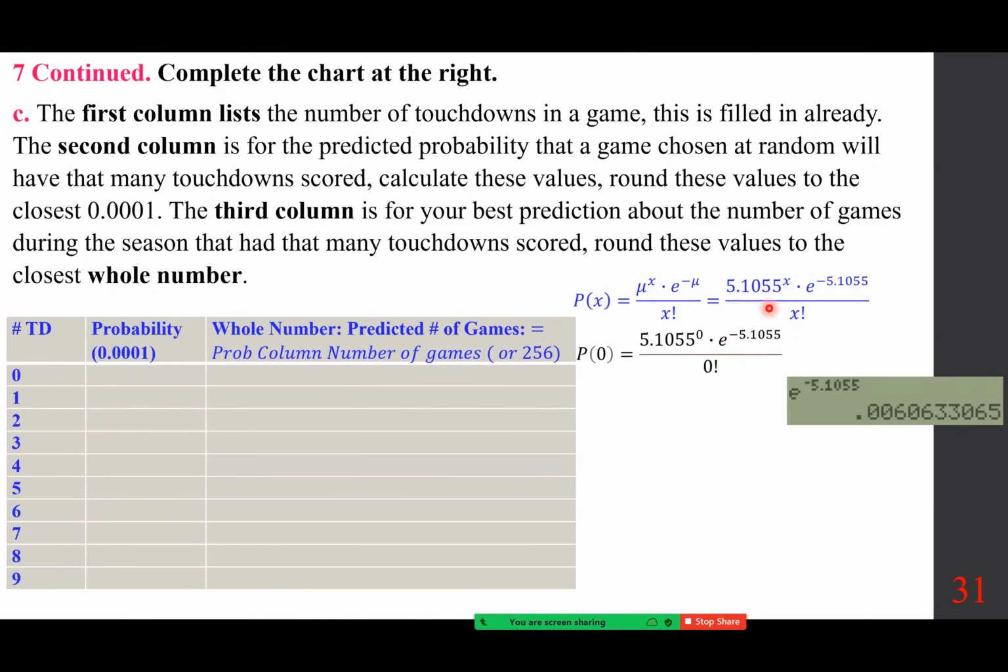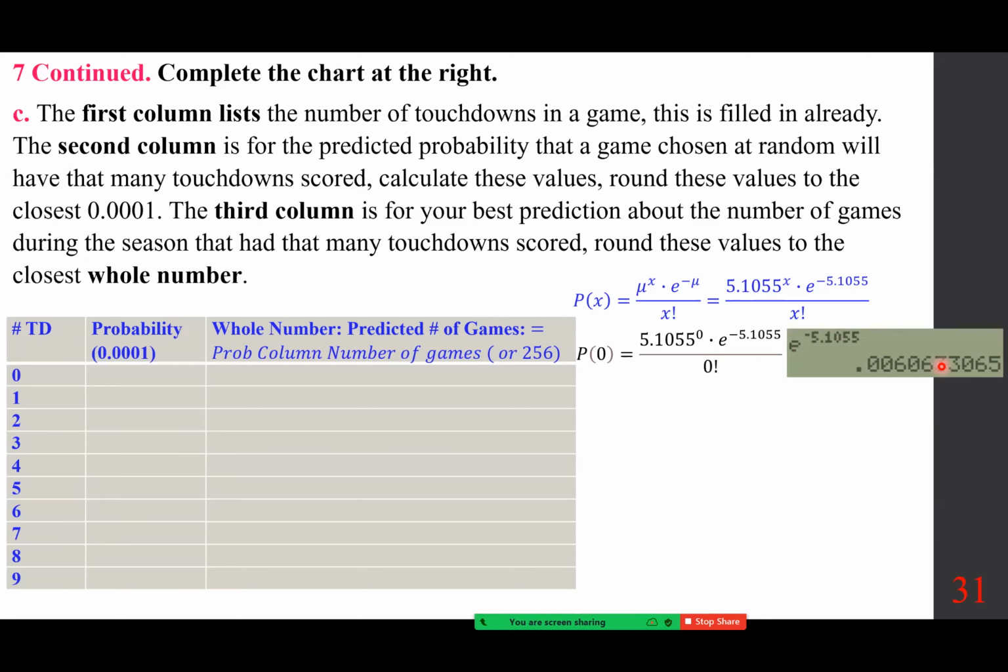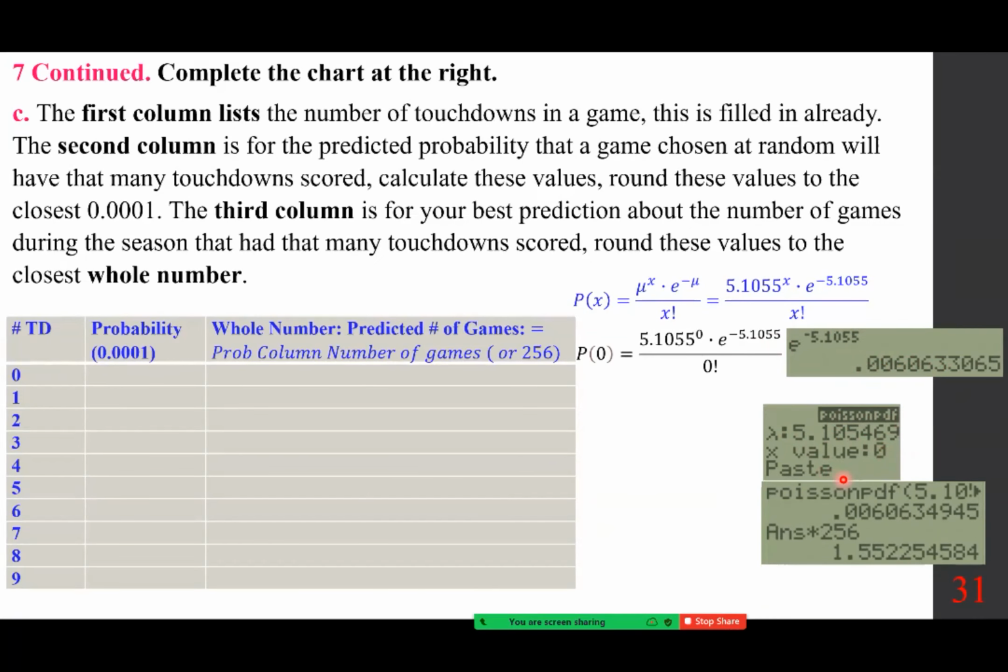If I just use e to this power, I get this number. If I use Poisson distribution with this number for mu or lambda, and the value is 0, notice, of course, I get the same. Then why am I multiplying by 256?